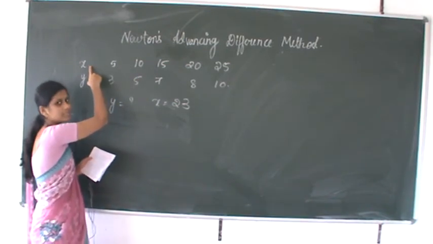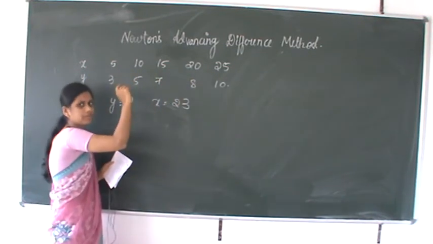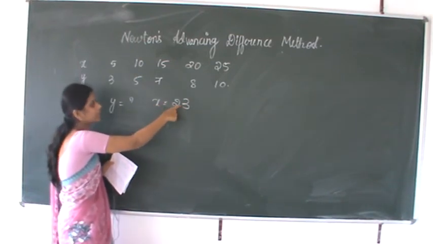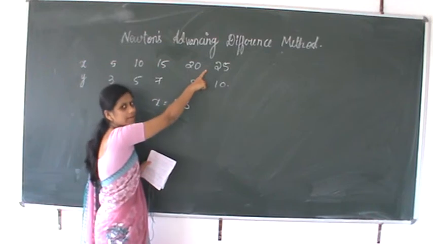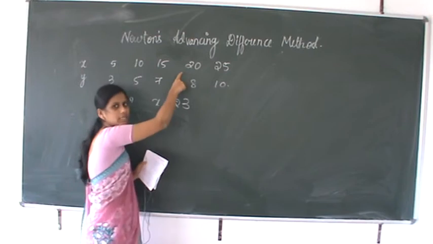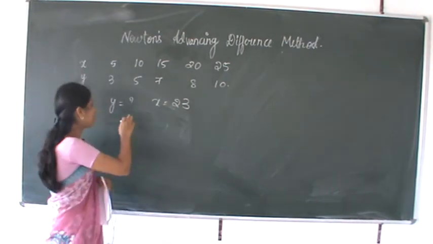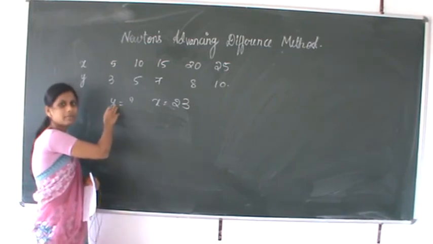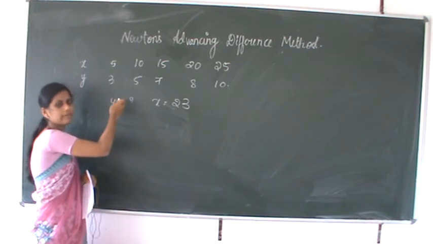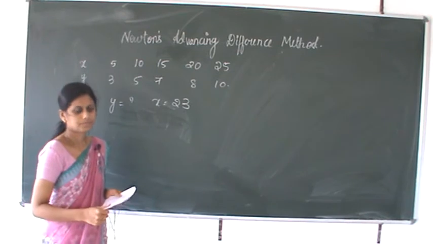Here the independent variable is x, and these values of x have a common difference of 5. Next, this value of x, 23, is not one of the given values of x. When it is not given, we can still interpolate the value of y. We cannot do this under the binomial expansion method. At this time, we have to interpolate the value of y by applying Newton's advancing difference method.